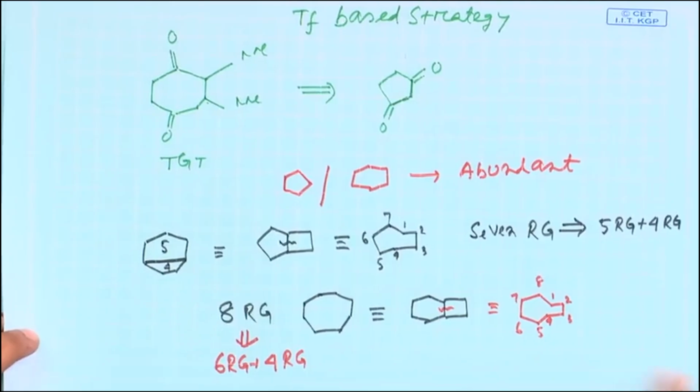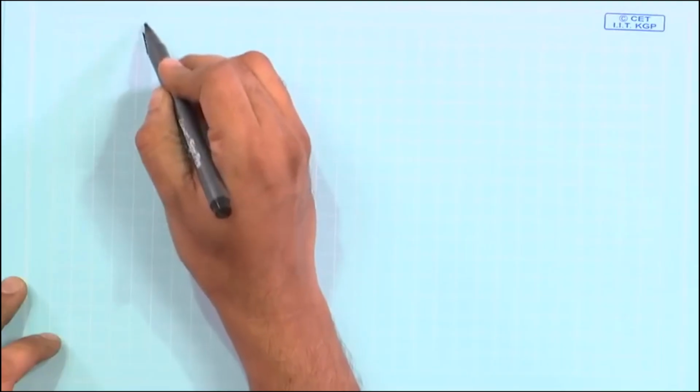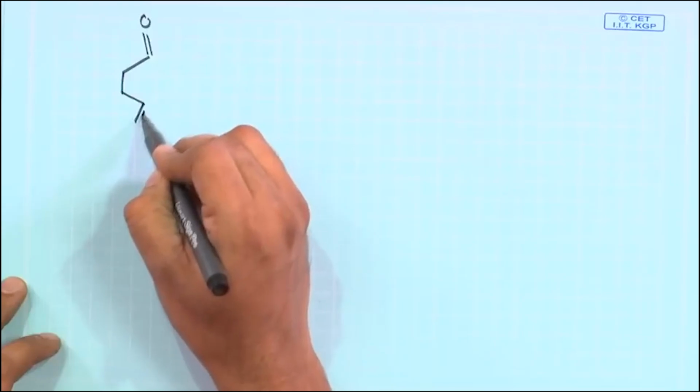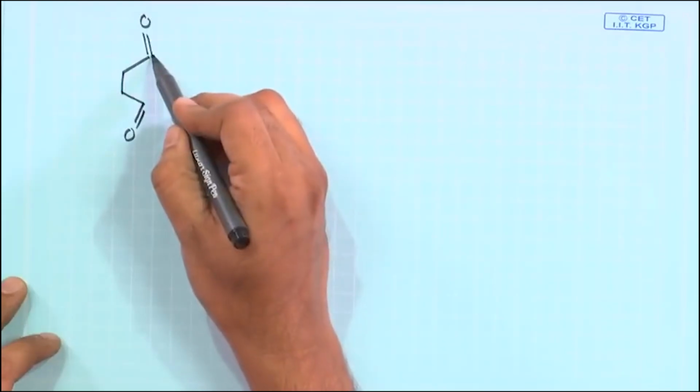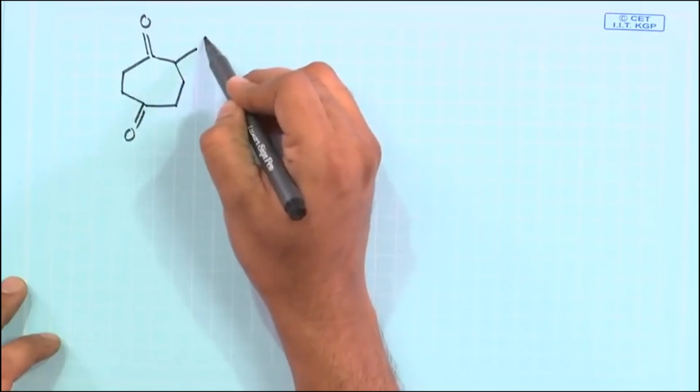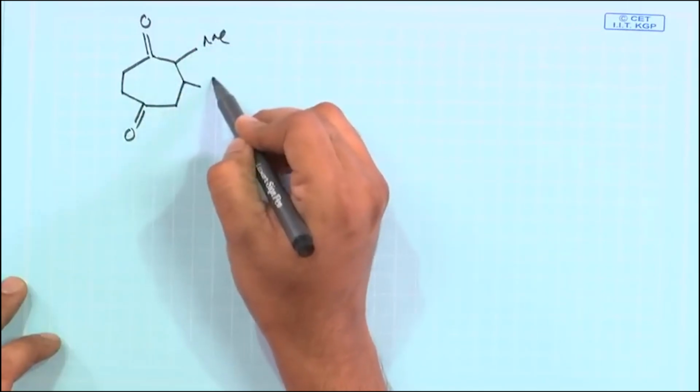Now, our target is a 7 member ring. So, based on our target, we will figure the retro. Now, first again draw the target. This is our target molecule.